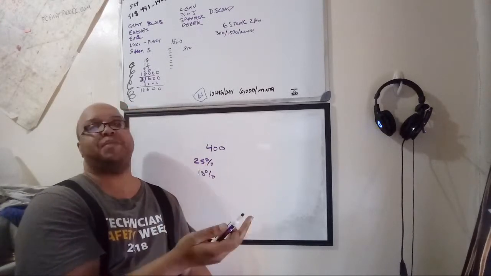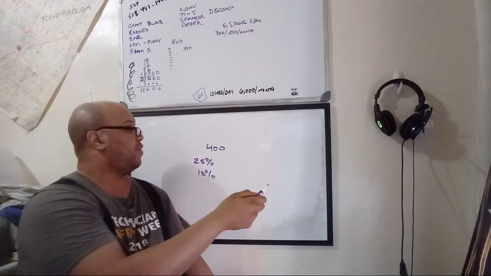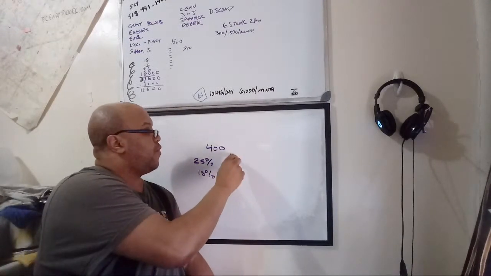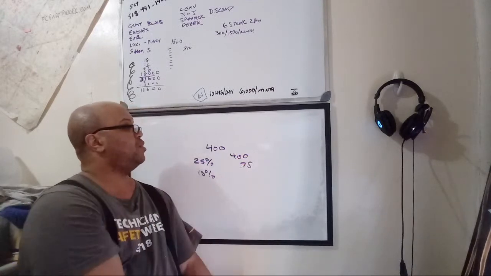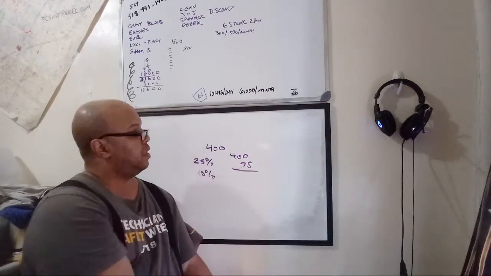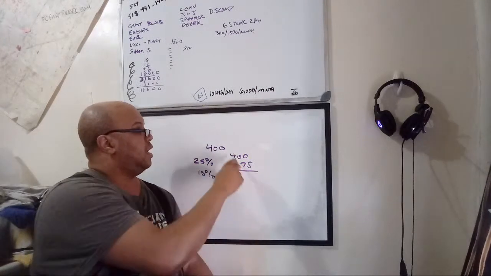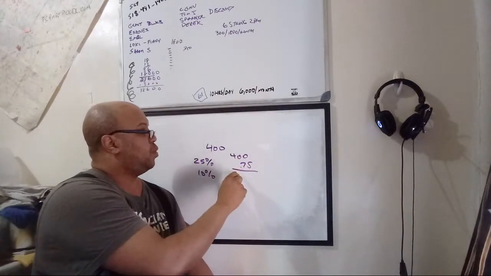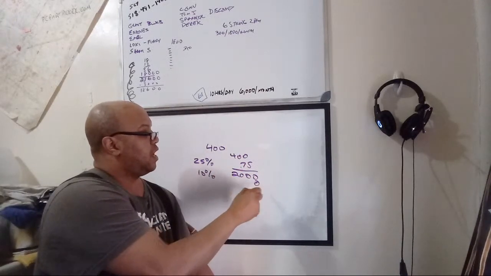Now, it's going to take me longer than 60 seconds because I'm stopping and explaining things. You could take 400 and multiply by 0.75, that is 75%. It's real easy: 5 times 5 times 4 is 20, and then add the 2 zeros.